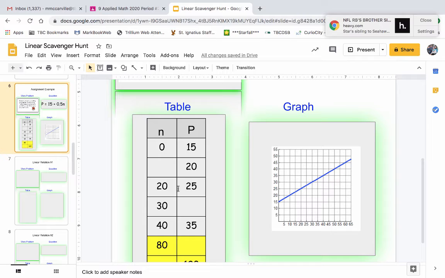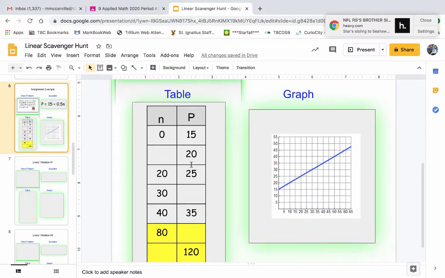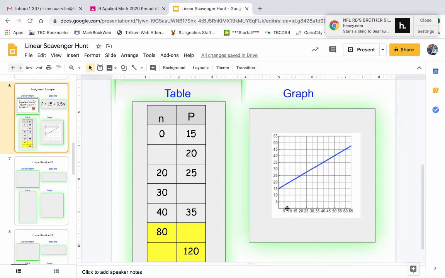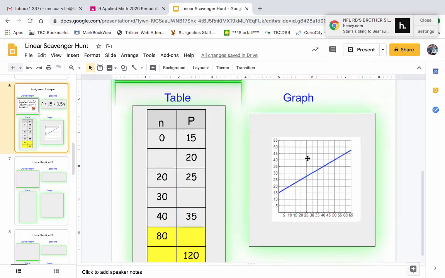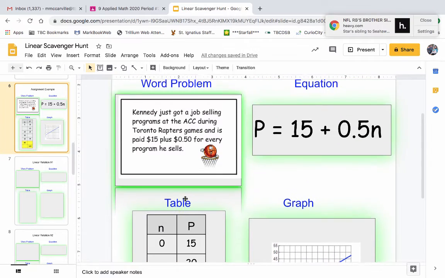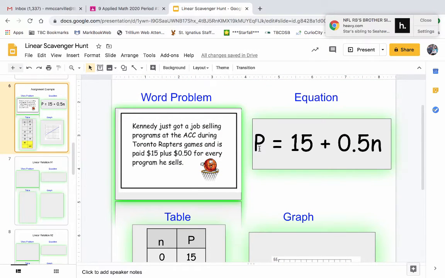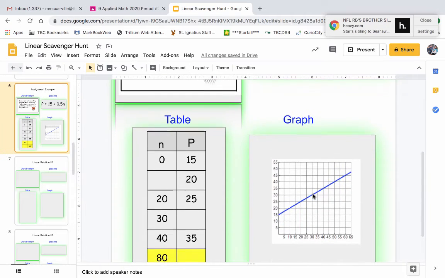Now I'm also going to look for other values. How about 20 and 25? 20 programs, go up, sure enough, it's at 25. 40 is at 35. So I'm convinced that this is the graph that represents this table, that represents this equation, and all three of these represent this word problem.